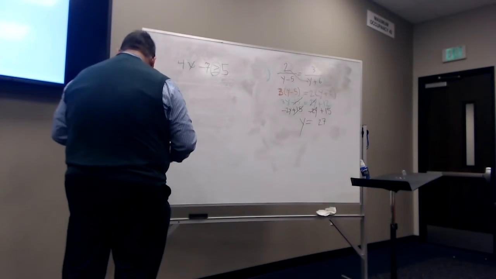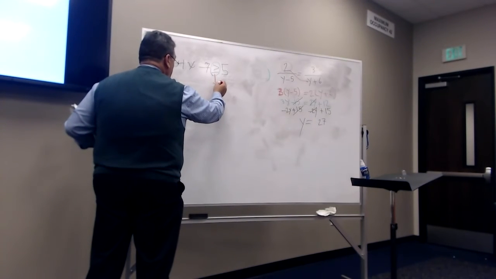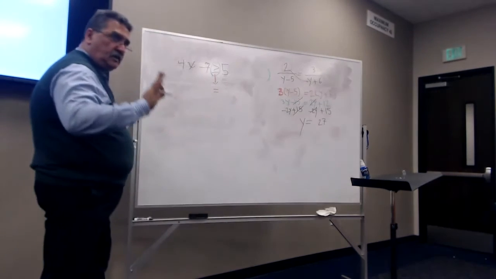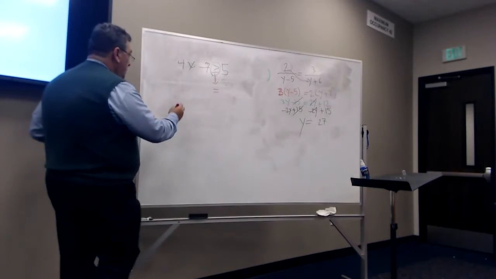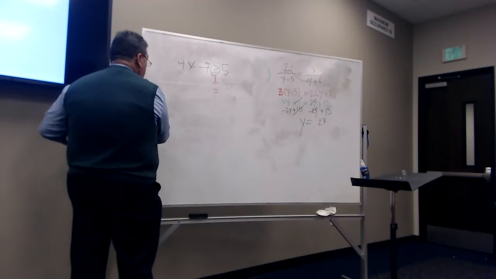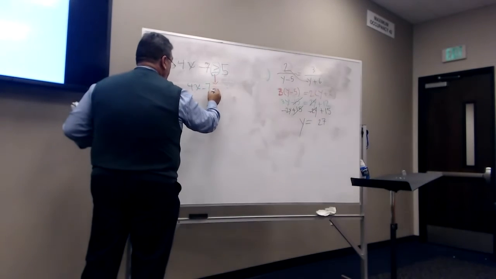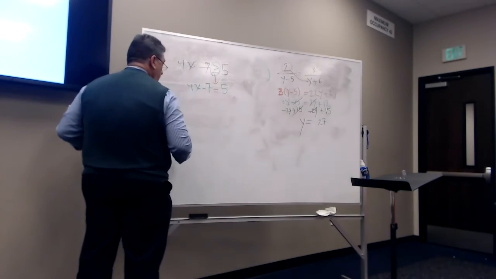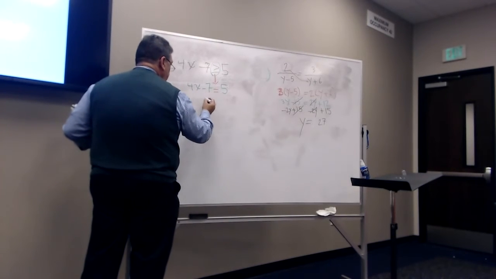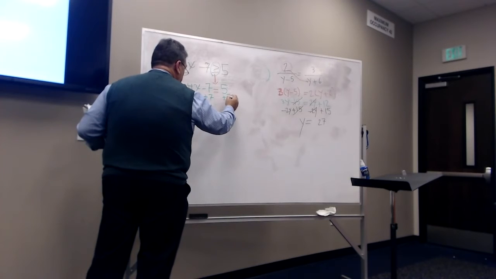All you have to do is just first change that. Assume this is like an equal sign in your mind, all right? So you have 4x minus 7 equal to 5. You solve it for x, and plus 7 both sides.